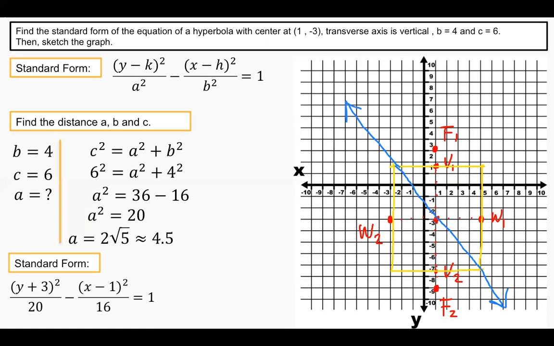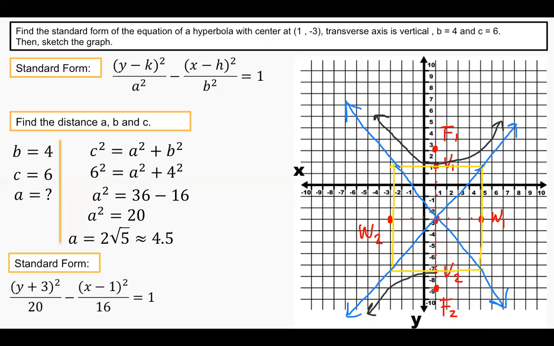This serves as the asymptotes of the given graph. Okay, so we now have the auxiliary rectangle and the asymptotes. Then we are now ready to sketch the hyperbola.